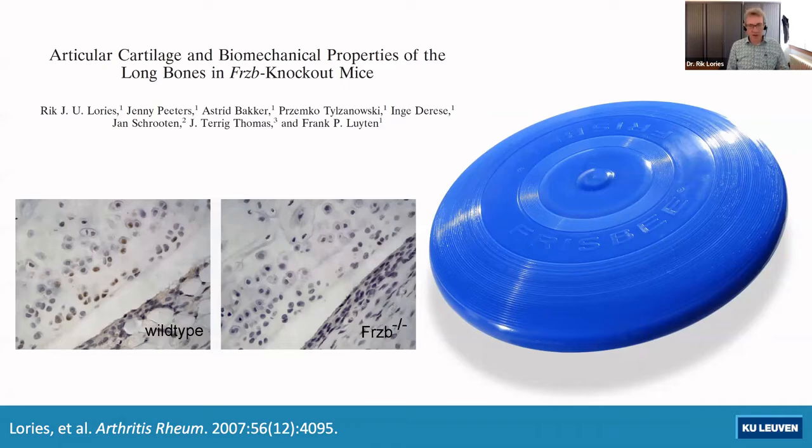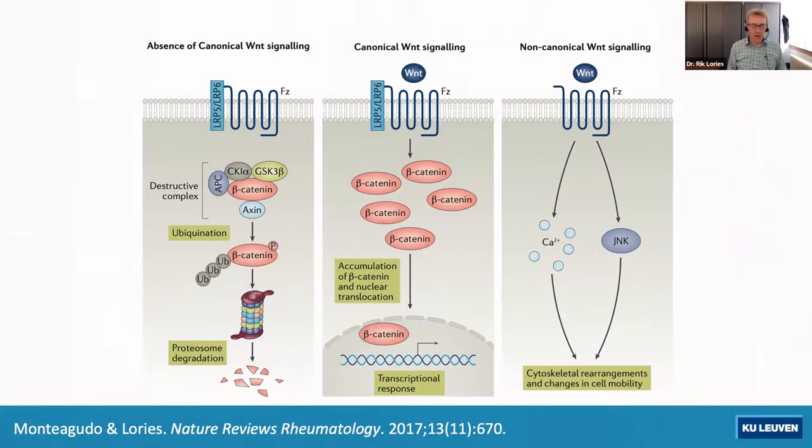We subsequently started to challenge them in different models of osteoarthritis, and what we found is that in the absence of an extracellular Wnt antagonist, there was more severe disease, thereby providing actually the first evidence that a hyperactivation of this signaling pathway would lead to disease.